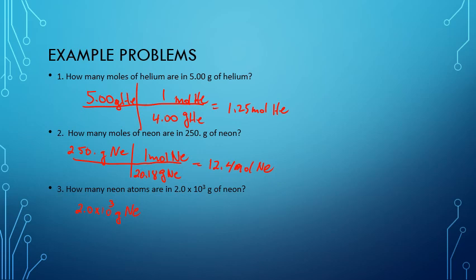Notice I have two significant figures, so I'm going to take that and divide it by the 20.18 grams of neon found in 1 mole. And now I'm going to add one last step, which will be 1 mole of neon, now to get the moles to cancel, and then 6.02 times 10 to the 23rd atoms of neon.